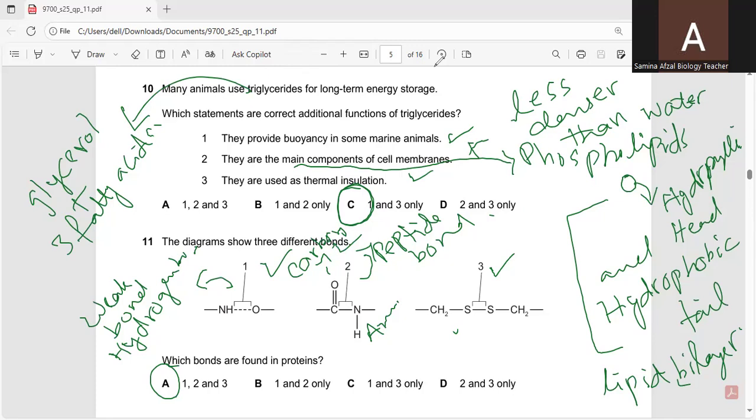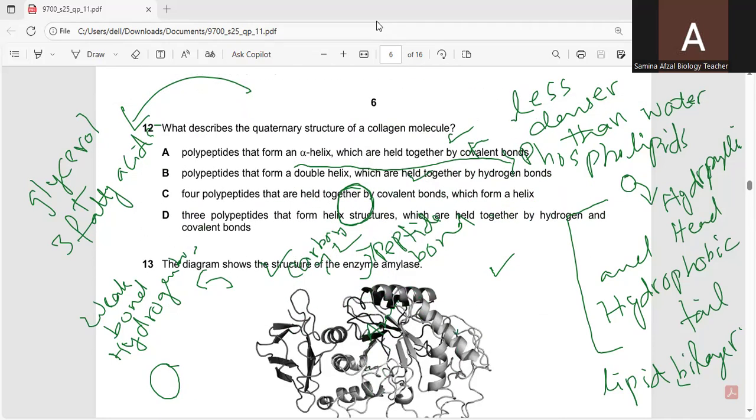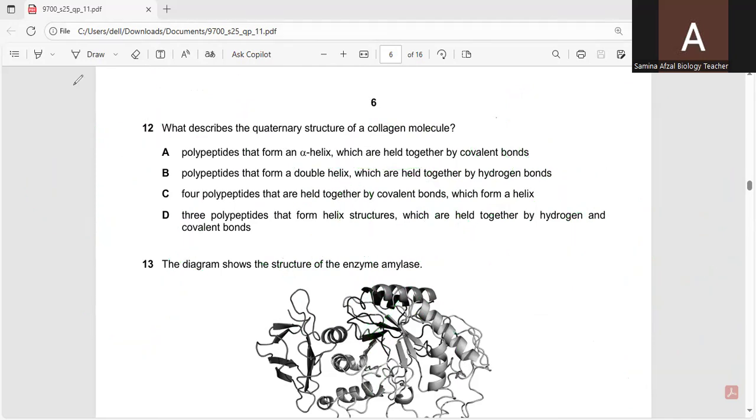Now we will move towards question number 12. And question number 12 is, which statement describes the quaternary structure of a collagen molecule?